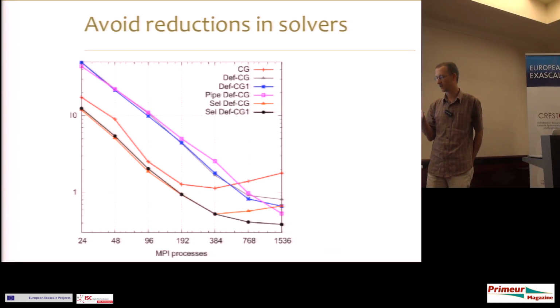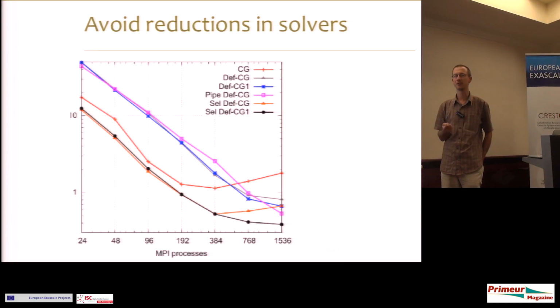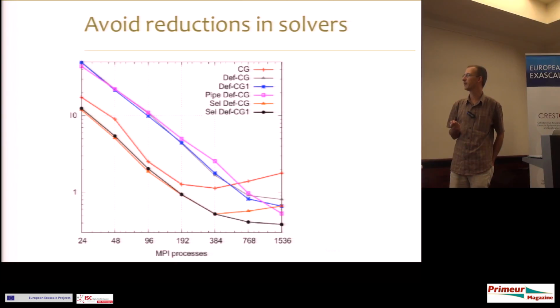They impose a latency penalty. So if we only do selective reductions, we can make solvers that scale significantly better.